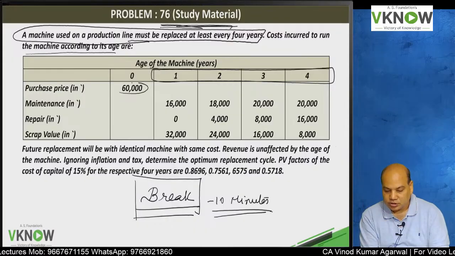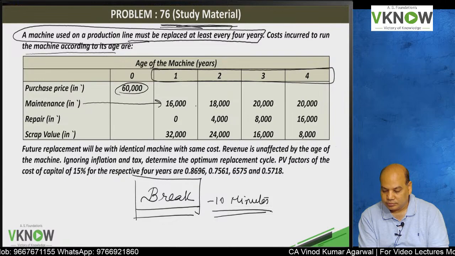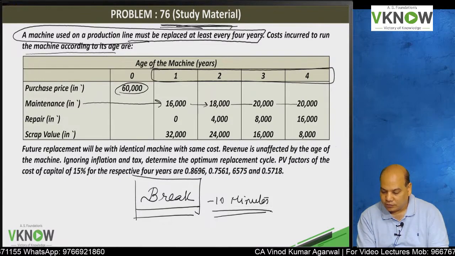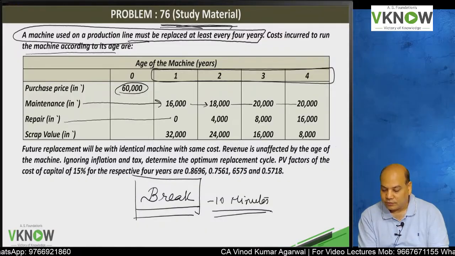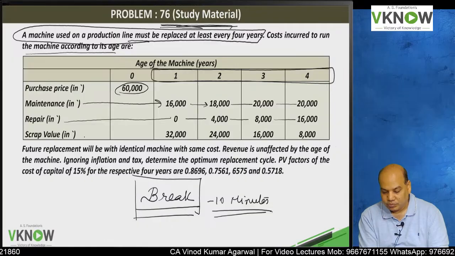Purchase price 60,000. Maintenance cost you will incur in year 1, 16, 18, 20, 24, 22, 2020. Then repairs will also start. First year no repair, but repair expenses are increasing significantly.